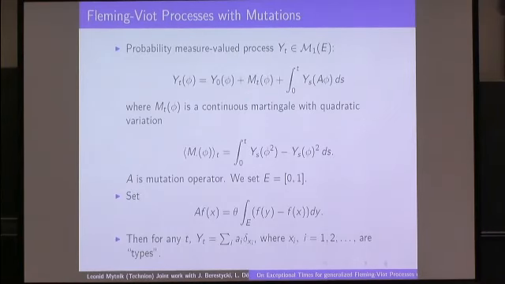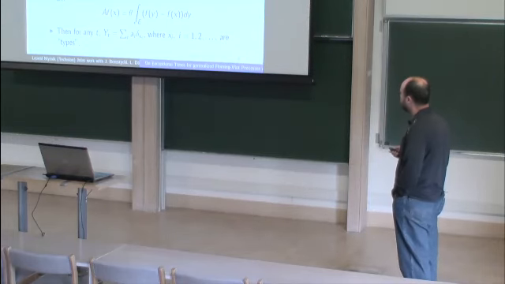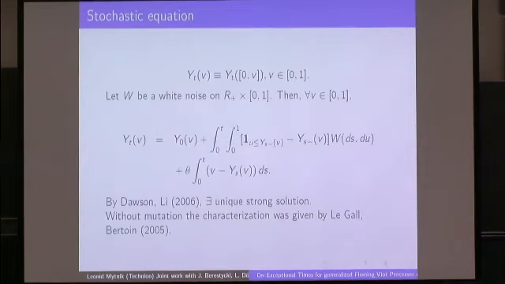This is not surprising if you think in terms of SPDE: you take A to be Laplacian, you know that it smooths the solution in one-dimensional space, and you will get a continuum number of types.